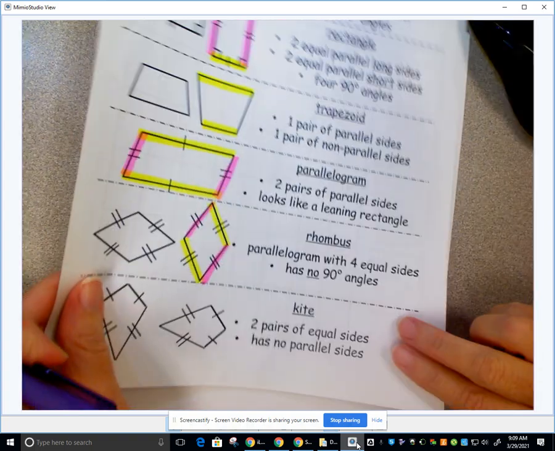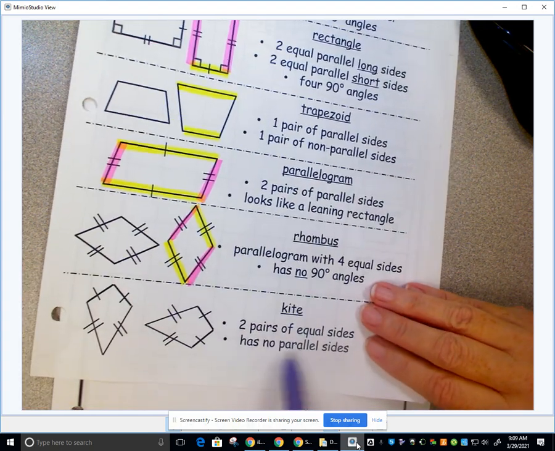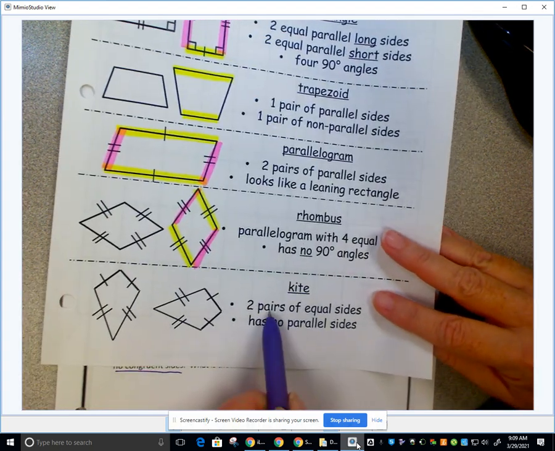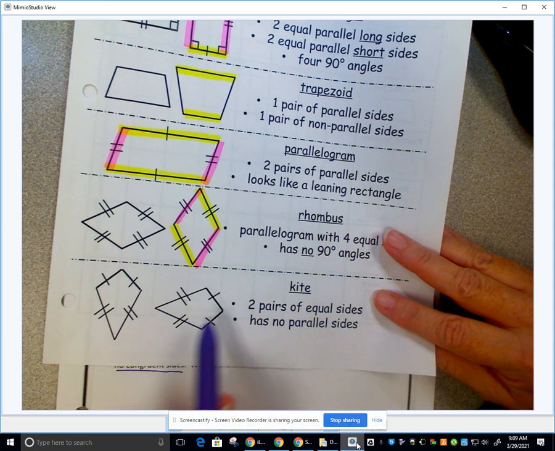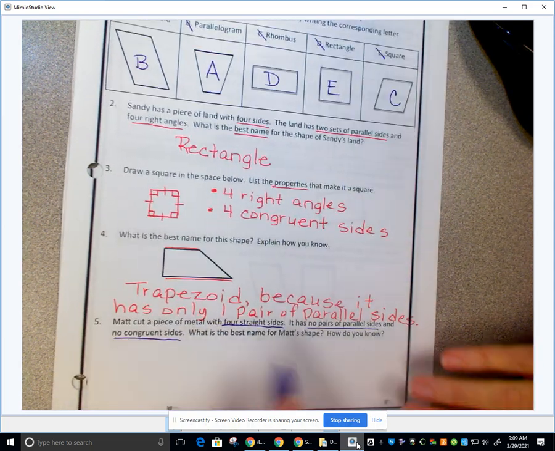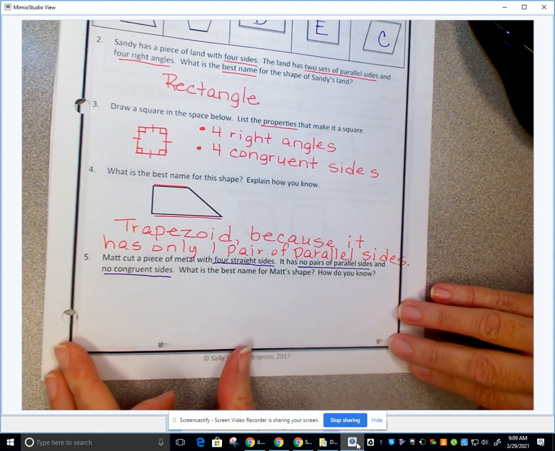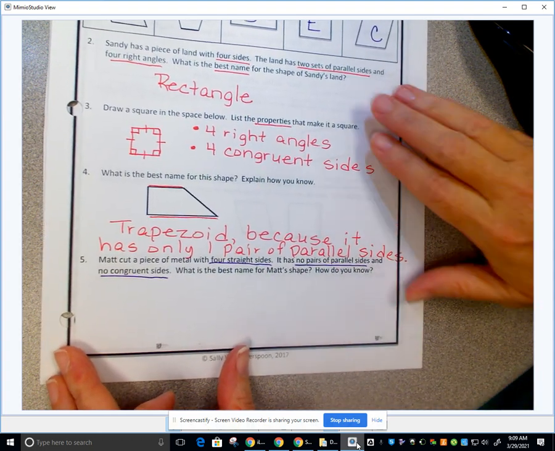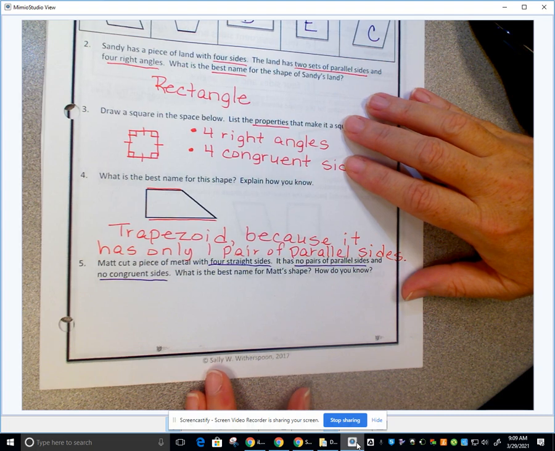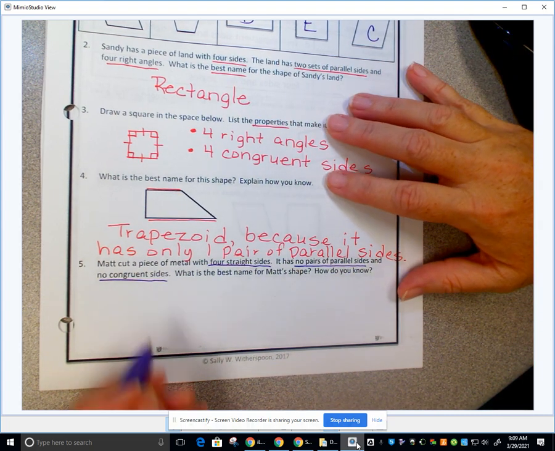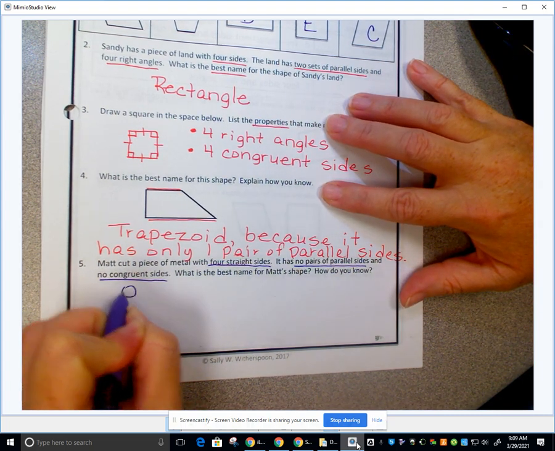Now, I do know that a kite has no parallel sides, but a kite has 2 pairs of equal sides. This says it has no pairs of parallel sides. So I can't call it a kite. So the only thing I can really call this is a quadrilateral.